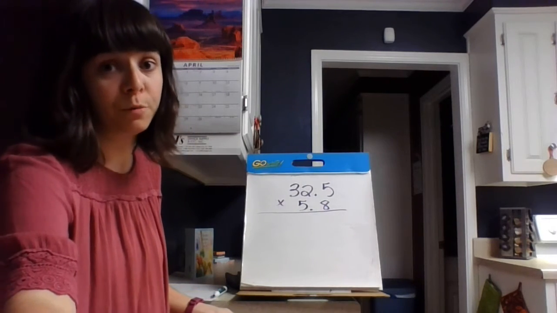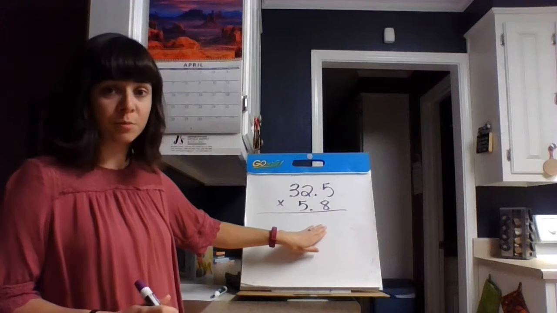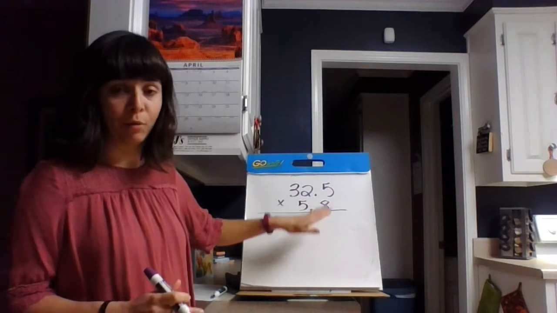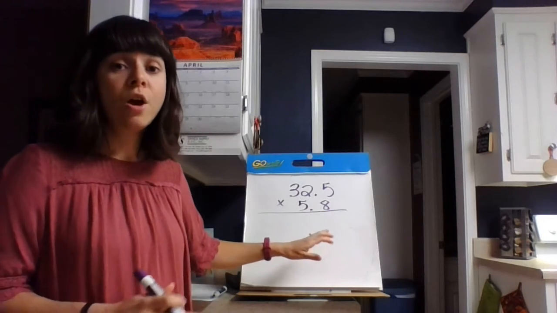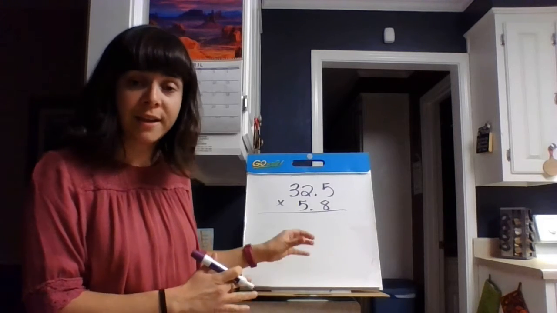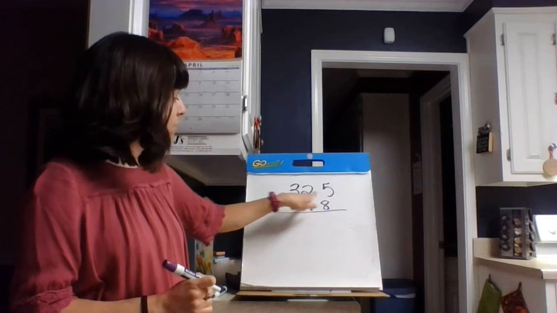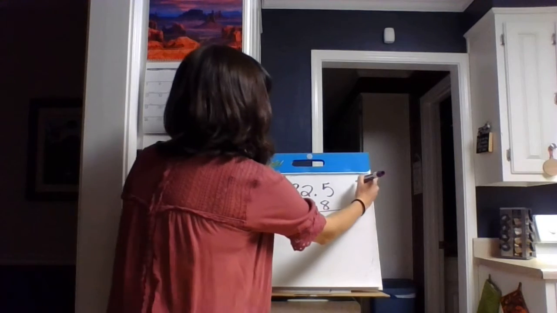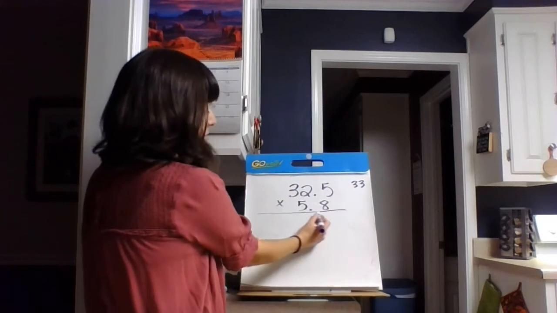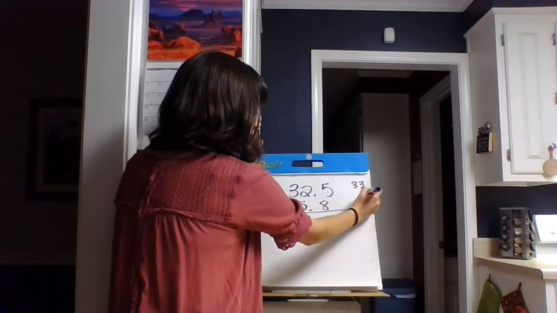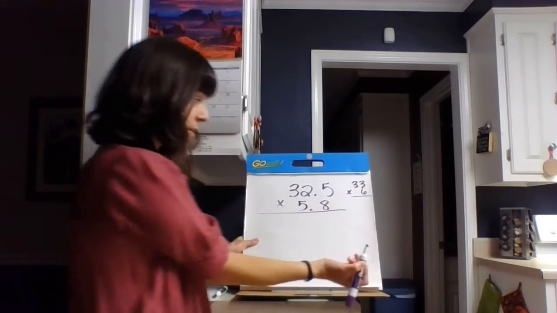Again, I encourage you, before you multiply with decimals, to always estimate by rounding to a whole number to see what your answer should be close to, and that's going to help you know if your decimal is in the right place. So I can round 32.5 to 33, and then 5 and 8/10 to 6, and I can multiply that.